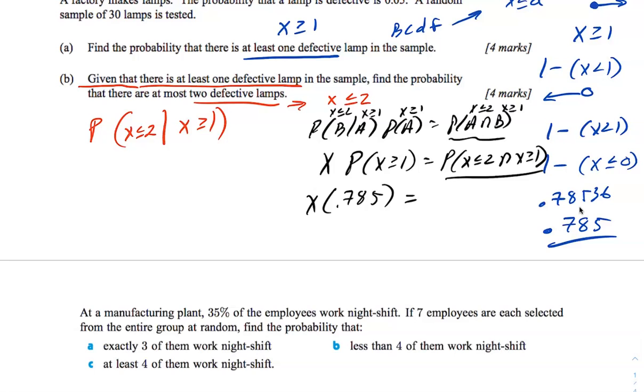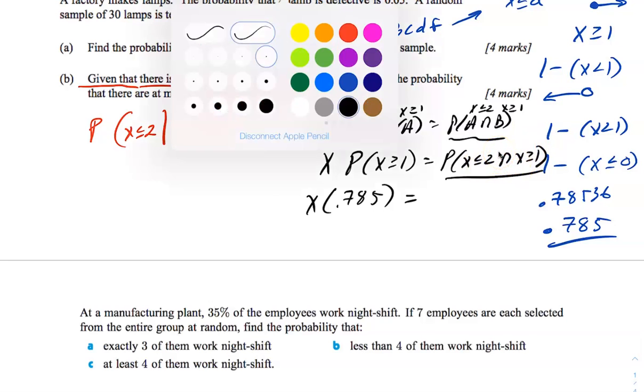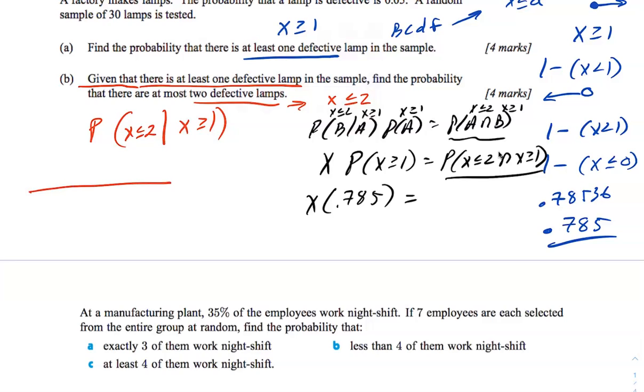This guy, that's tougher. This is where I said I like to find the intersection of these two. What is this? What is that? So let's draw it. Here's 2, and I'm less than or equal to 2. Here's 1, and I'm greater than or equal to 1. The intersection is between 1 and 2.